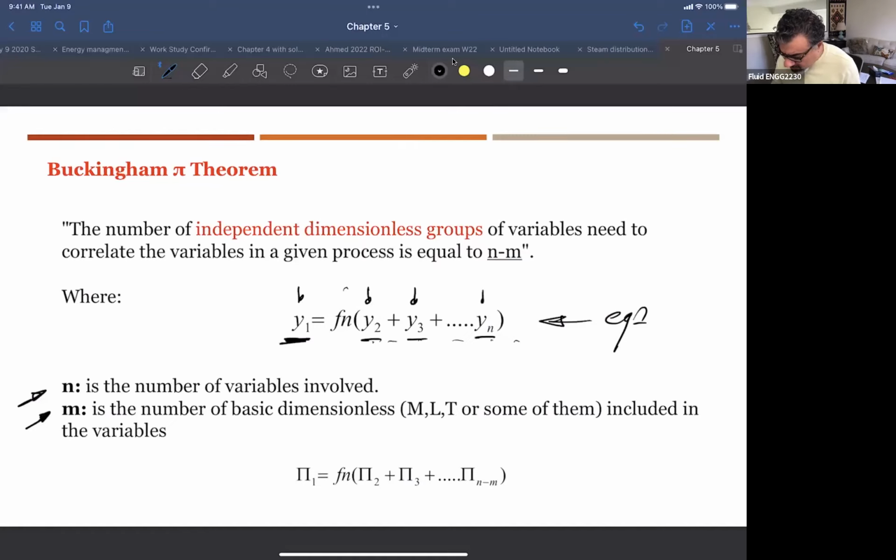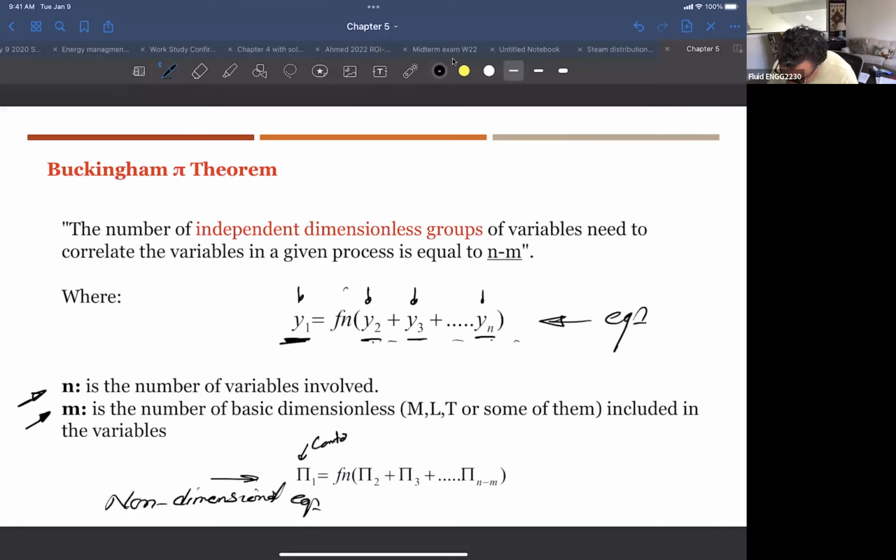Now we are converting this equation into a non-dimensional equation.